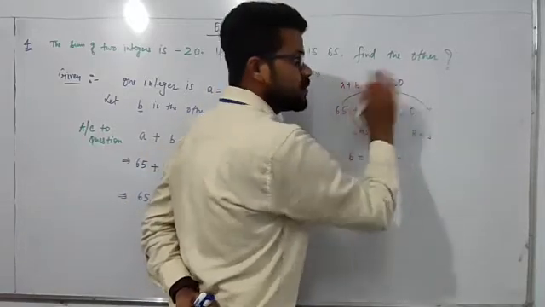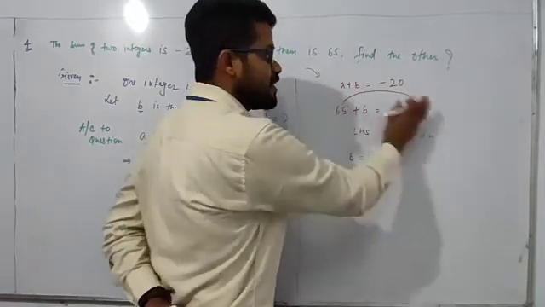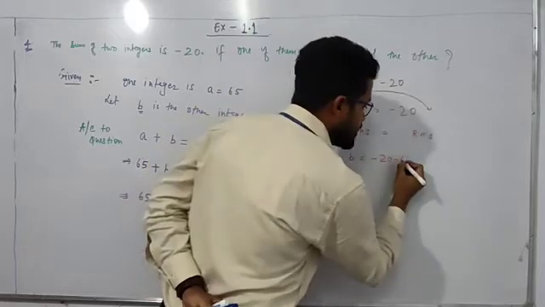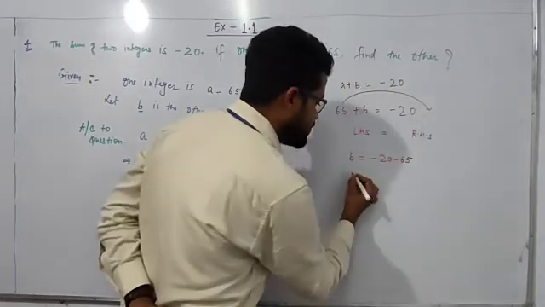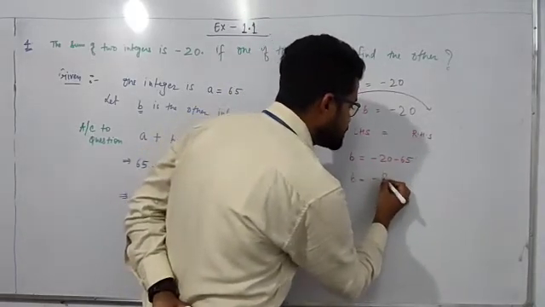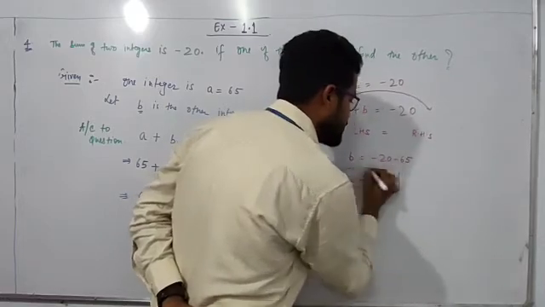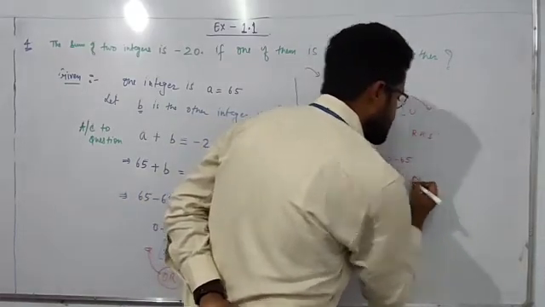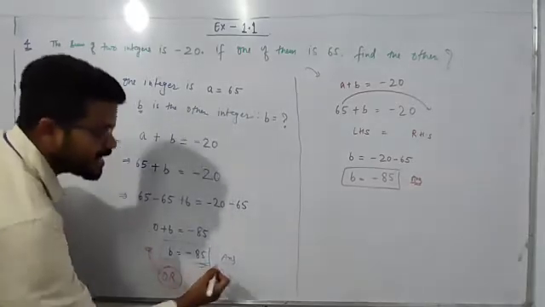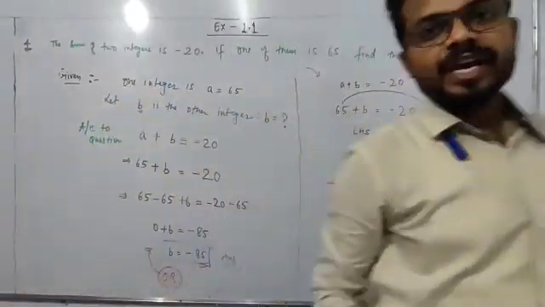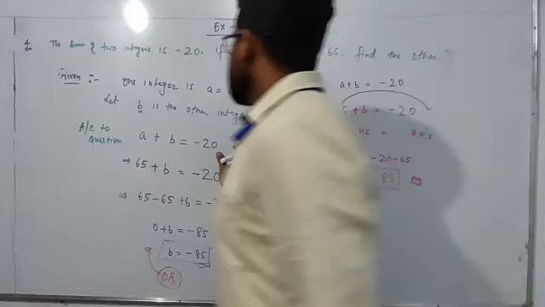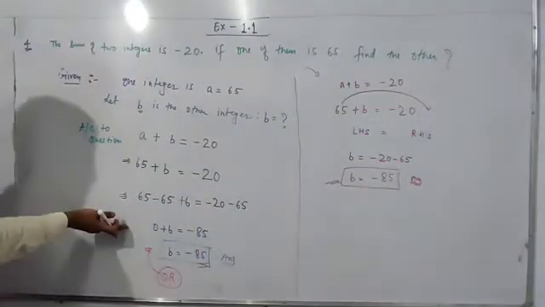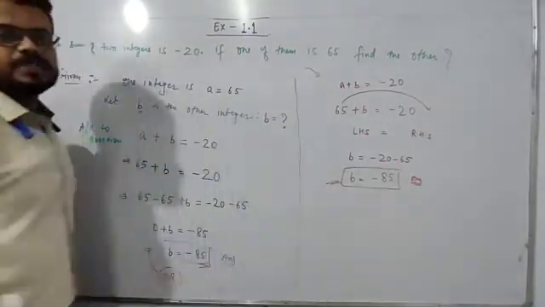If it goes to this side, the sign of the value will be changed. So this one is minus 65, and the value of b is minus 85. This is the answer. So both are the same. You have to solve through any of the methods, either through this method or through the other method.